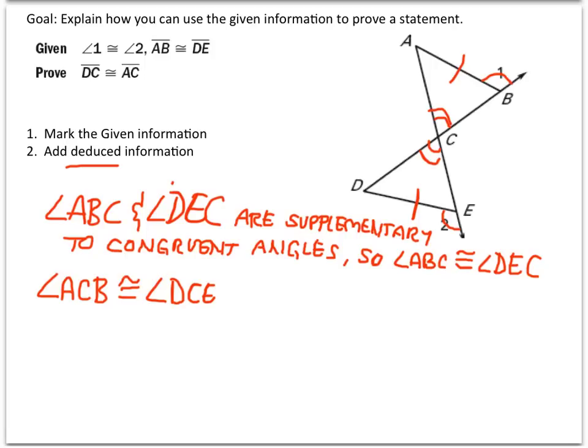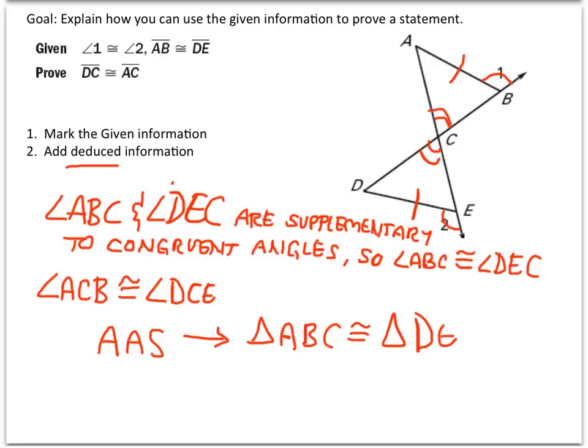So now we're left with 2 angle pairs and a side that are congruent. So what we can use is angle, angle, side to give us that triangle ABC is now congruent to triangle DEC.